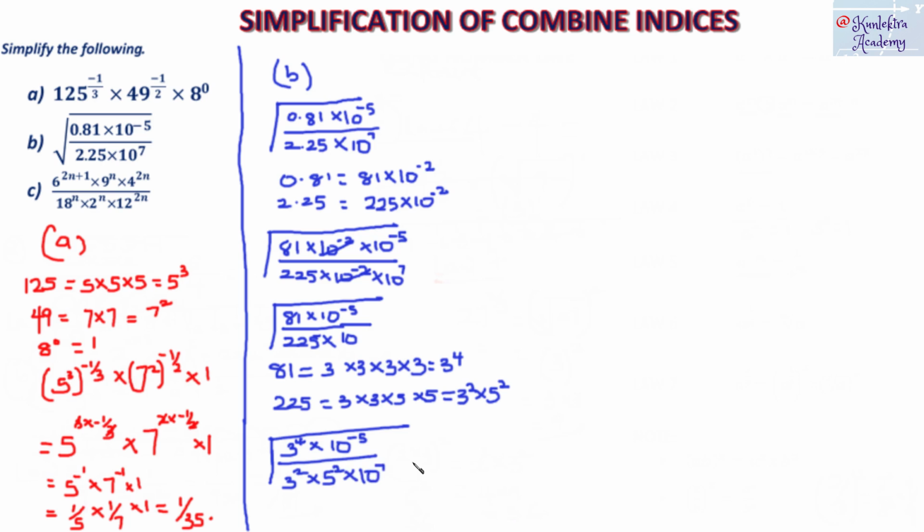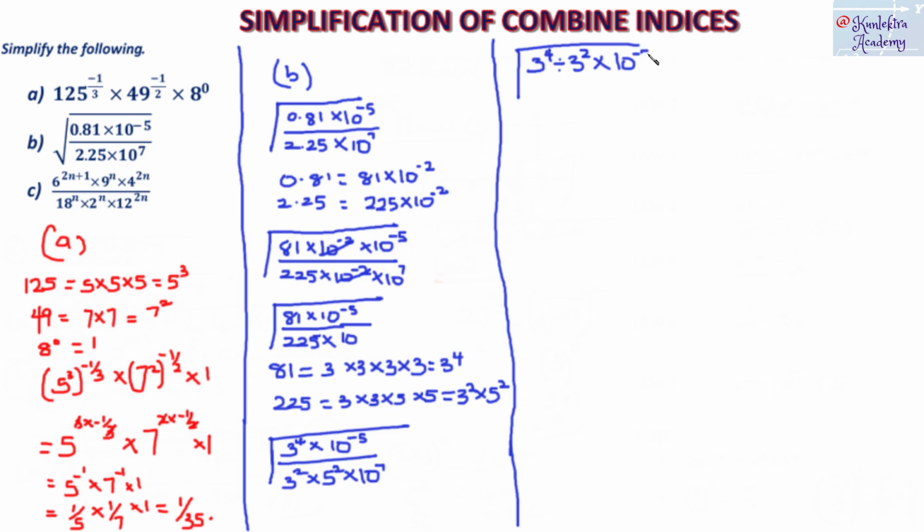From here, we can also have that will be 3 raised to power 4 divided by 3 raised to power 2 times 10 raised to power minus 5 divided by 10 raised to power 7 over 5 raised to power 2.